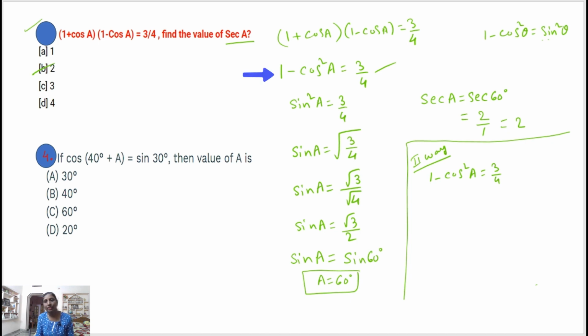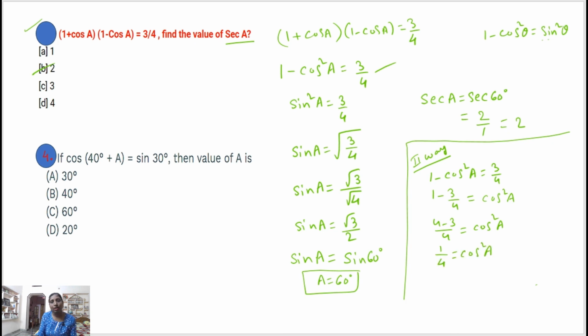So you can do one thing. You transpose 1 minus 3 by 4, without using identity. Without using identity also you can solve here. Okay, 1 minus 3 by 4 is equal to cos square a. So you can take common here, 4 minus 3 by 4 is equal to cos square a. It means 1 by 4 is equal to cos square a.